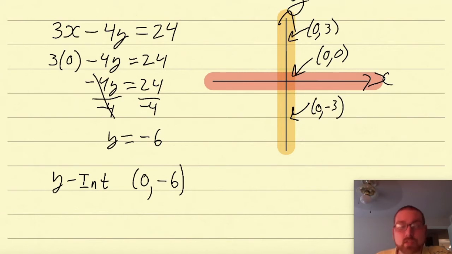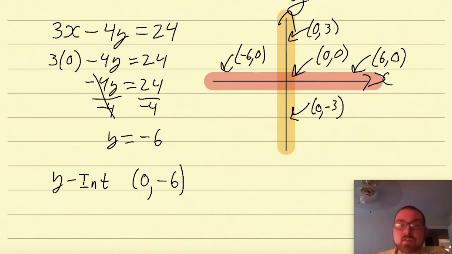So similarly, if we were to come over here, x will change, but y remains 0. If we go over here, x changes, but y remains 0.